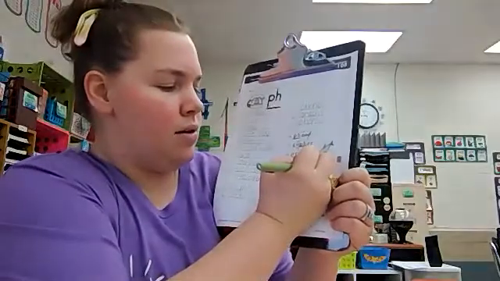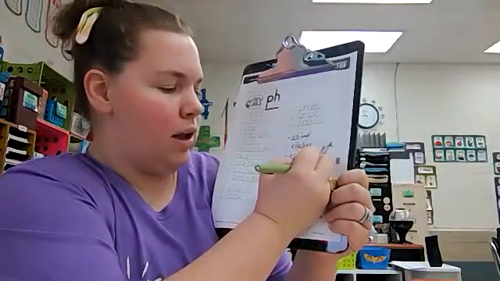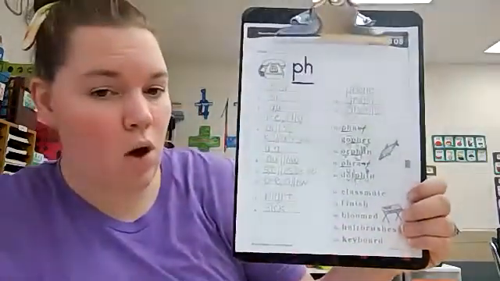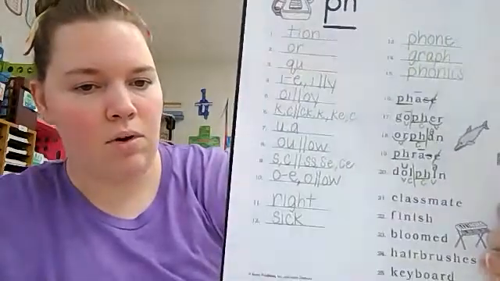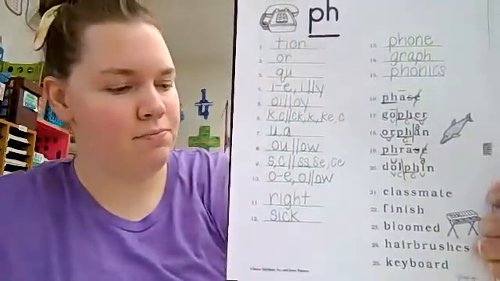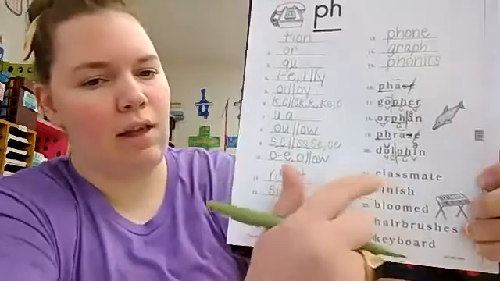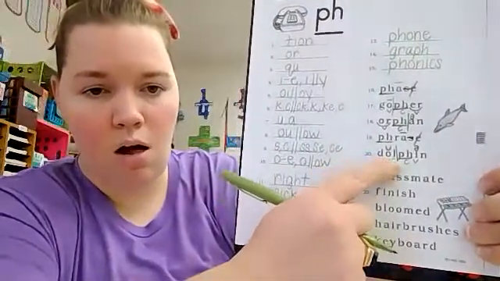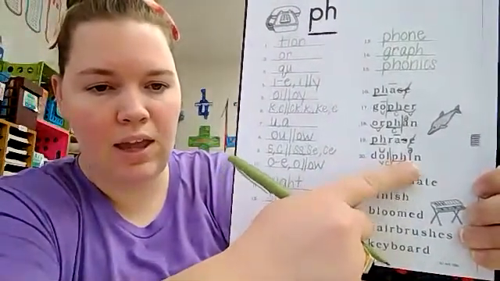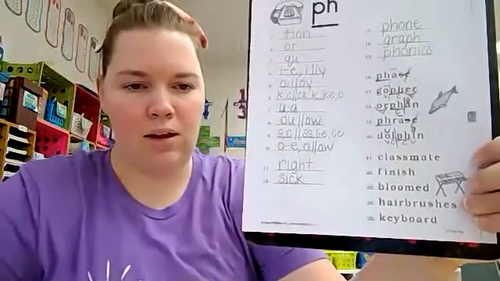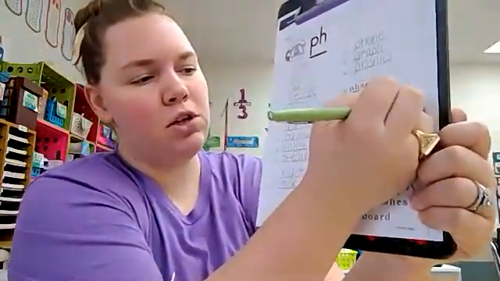The I is followed by an N, so it's going to have that schwa sound. Put your upside down E. Let's try to sound this out. D-all-in, dolphin. That matches our picture.